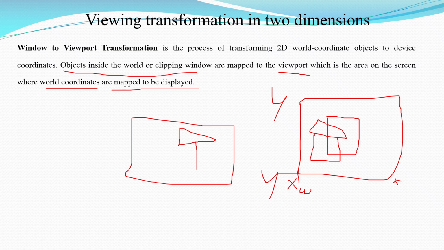So this is your viewport. The viewport coordinates we indicate with x v min, x v max, and y v min, y v max. So the simple point is: this is a viewport and this is your window port.